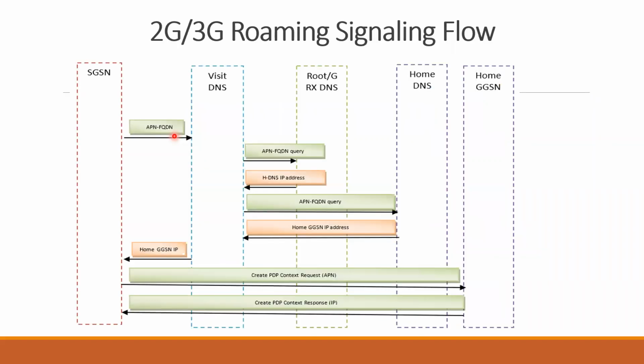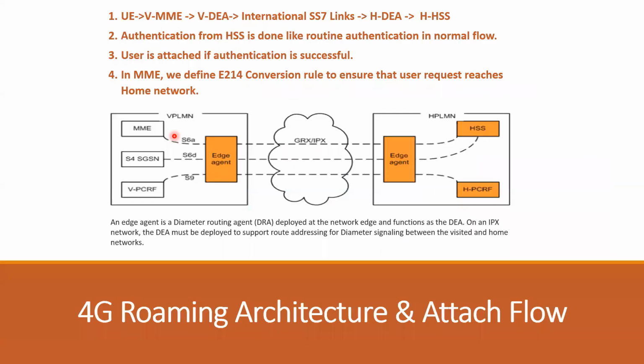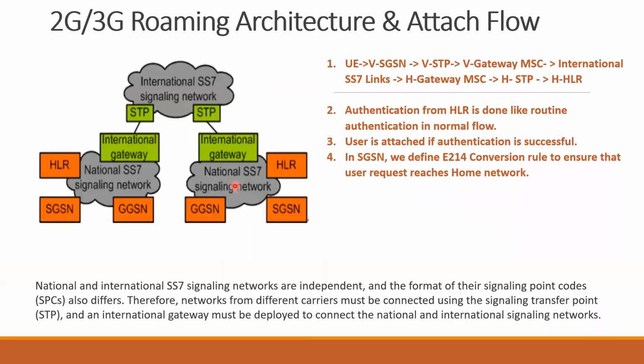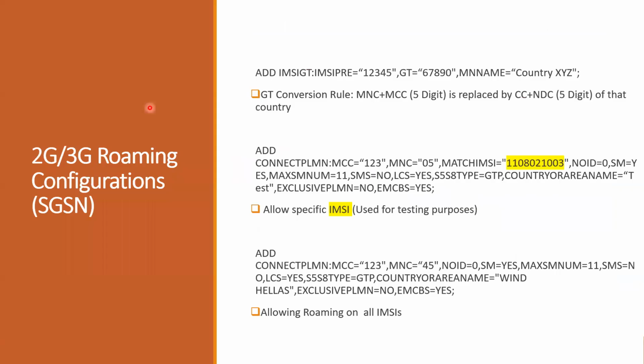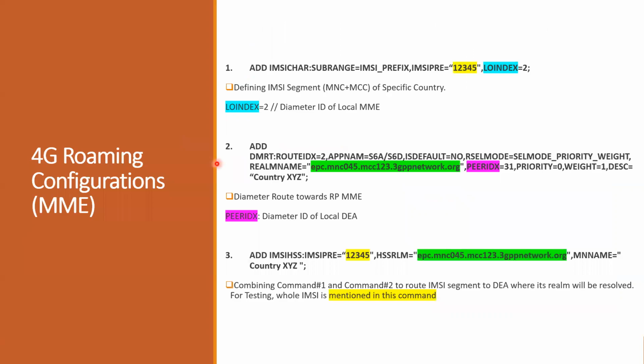And if we compare the different architectures, obviously the RAN architecture is different, but the main thing which differentiates them is that in 4G you have the DEA available, and in case of 2G, 3G, you have your STP, and your STP is connected with your gateway MSC. Both of these nodes are now replaced by the DEA or the DRA, which is directly connected to your IPX.